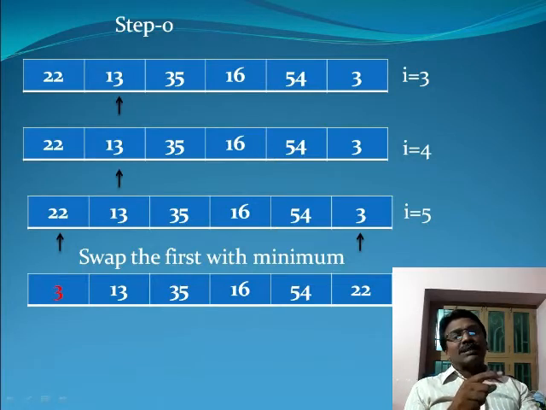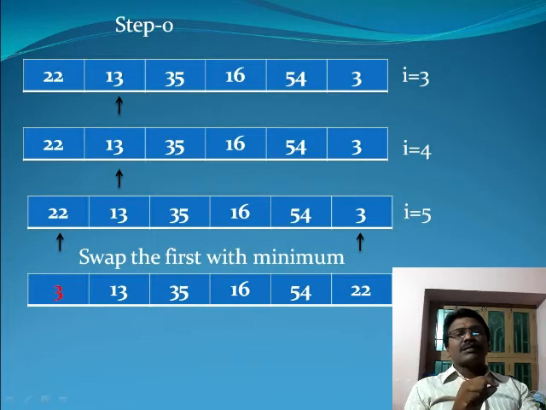Next iteration, a of 5 has value 3, so change the minimum value. At present the minimum value is 3. The next iteration is the end of the elements.